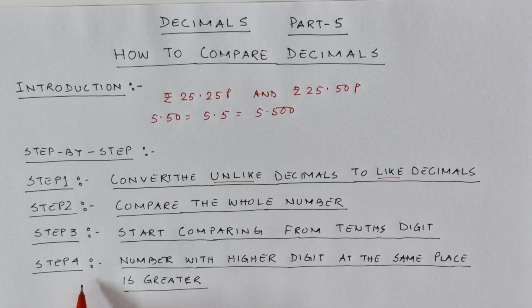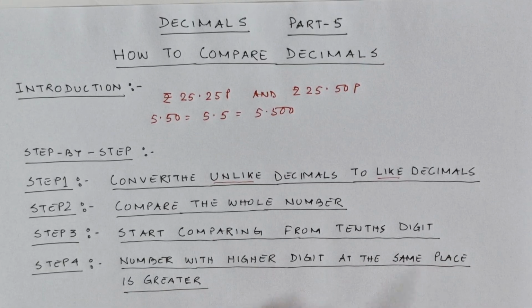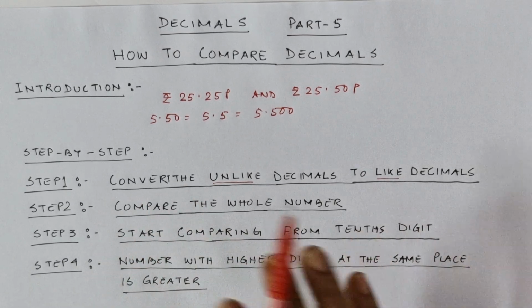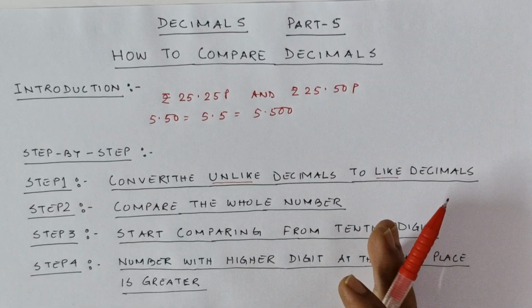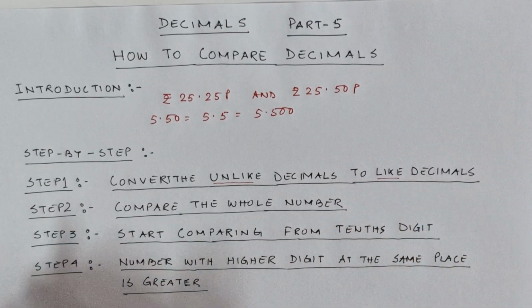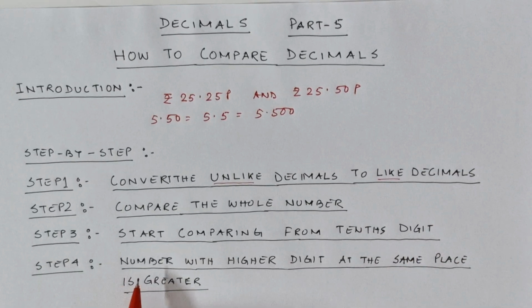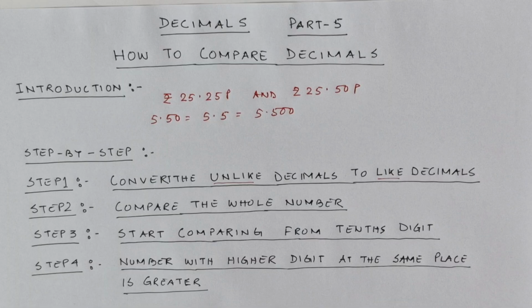Step 4: the number with the higher digit at the same place is always greater. So these are the 4 steps. First convert unlike decimals to like decimals, then compare the whole numbers. If the whole numbers are the same, start comparing from the tenths digits, and the number with the higher digit at the same place is greater.